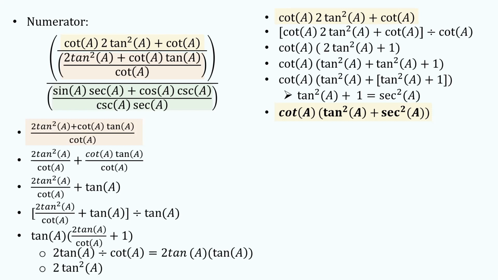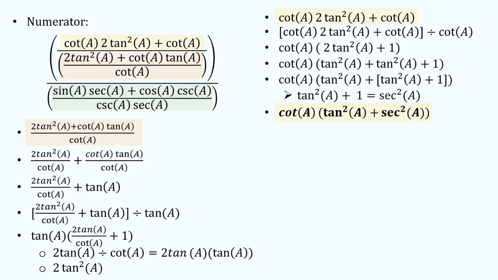Next, we are going to dissect or simplify further the 2 tangent of A over the cotangent of A. We are to remember that cotangent is the reciprocal of the term tangent. Therefore, when we divide tangent by a cotangent, it means multiplying a tangent with a tangent. Therefore, the answer of the 2 tan of A divided by the cotangent of A is equal to 2 squared of tangent of A.